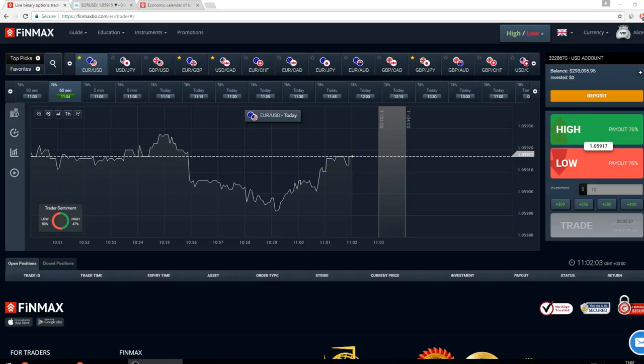One of the most commonly used ways of market analysis is technical analysis. Technical analysis is analysis that is based on the previous results of the market movement.